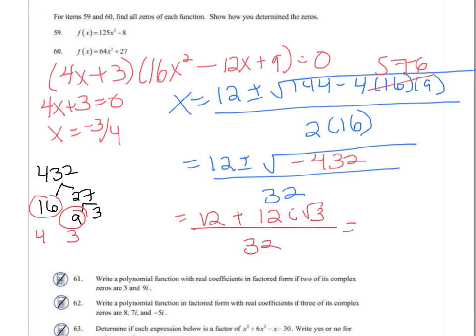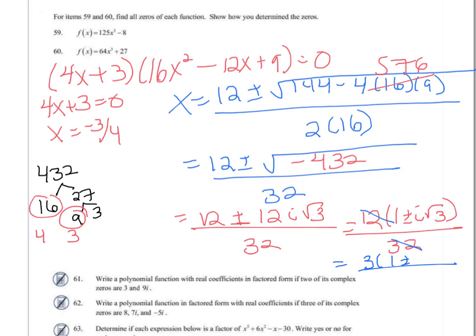We can factor out a 12 from the numerator. Oh, plus or minus. And then 32 and 12 both reduce. We can divide both of those by 4, and we're left with 3 times 1 plus or minus i root 3 over 8.